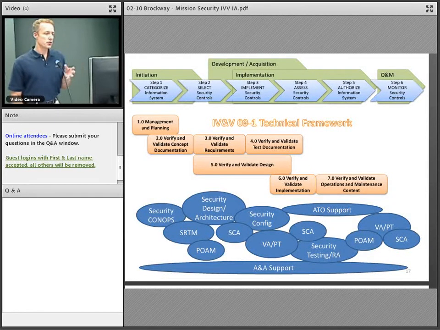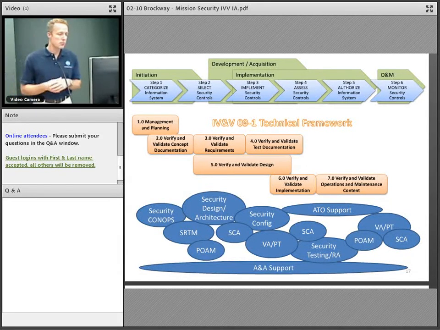Information assurance, you don't have that luxury of chopping off the front and the end of the process, and I already talked about an example with operations and maintenance.